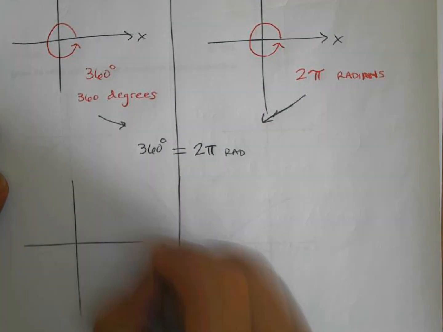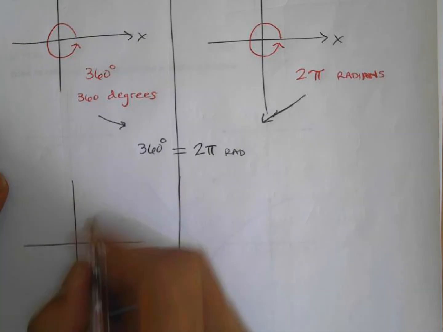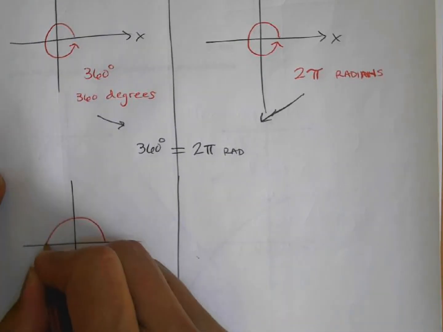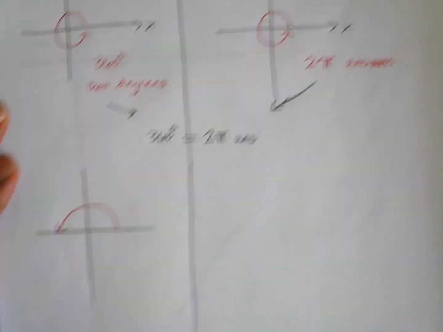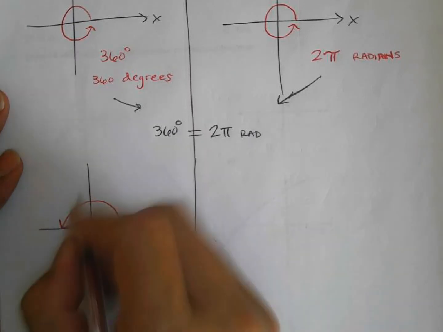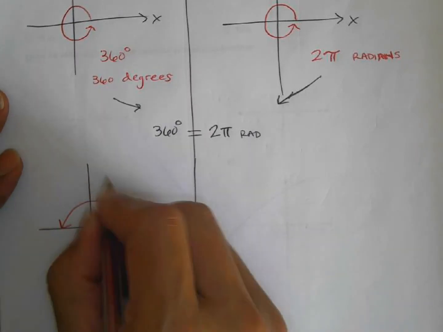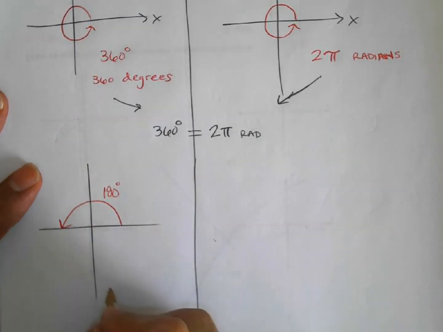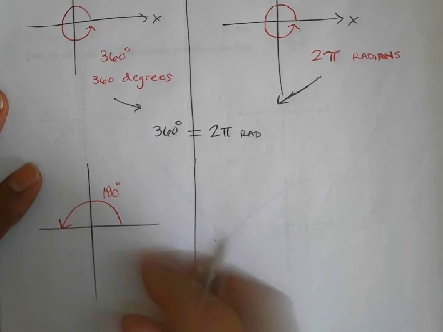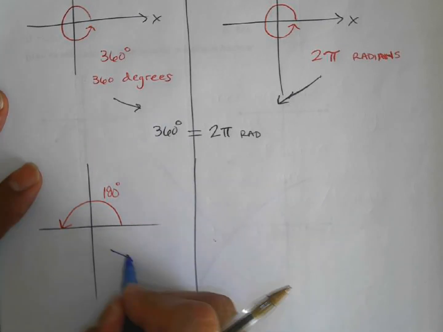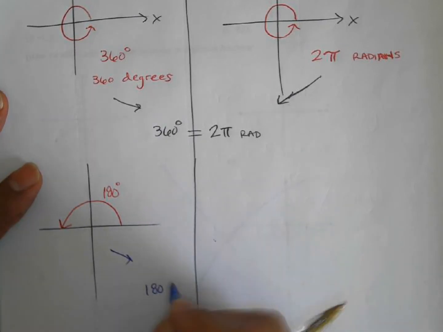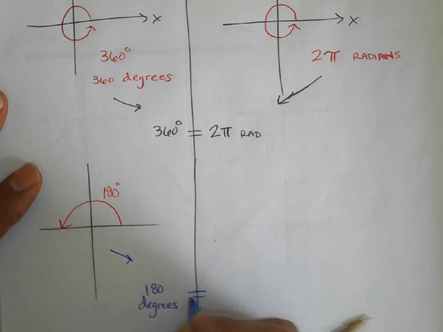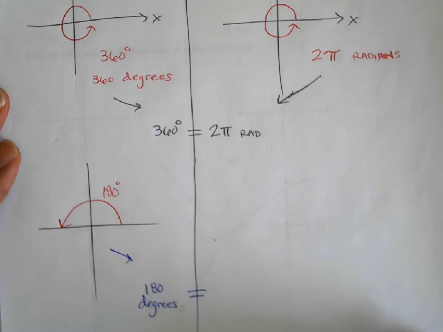Okay, but let's take it a little bit further. What if I go only half? Remember, from here to here, that's what? 180 degrees, right? So we'll put 180 degrees is equivalent to what?